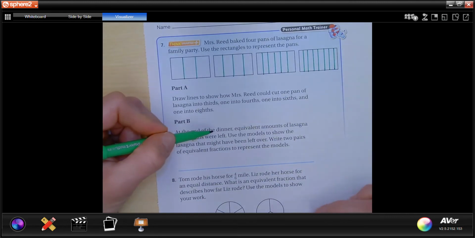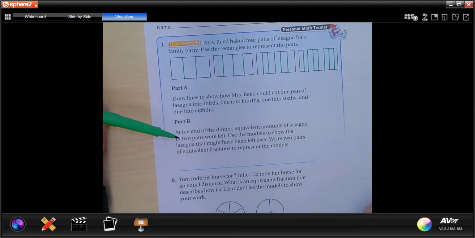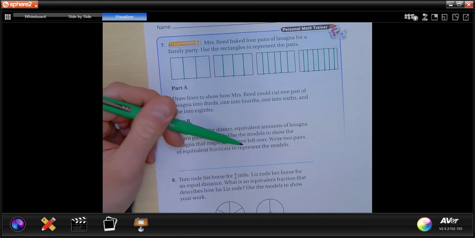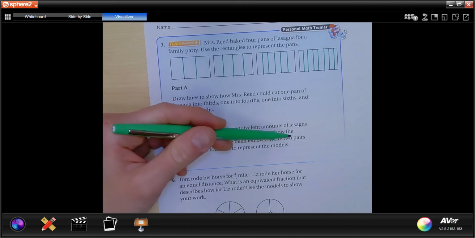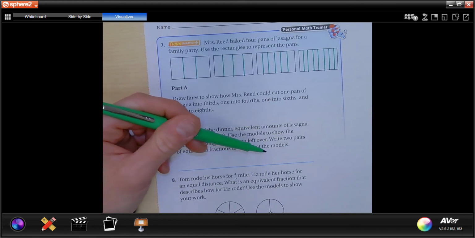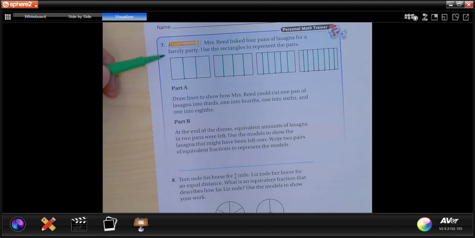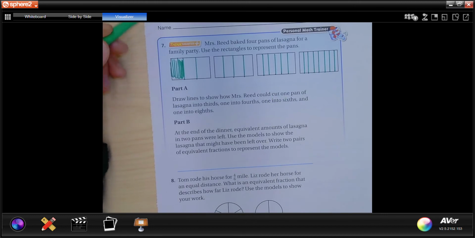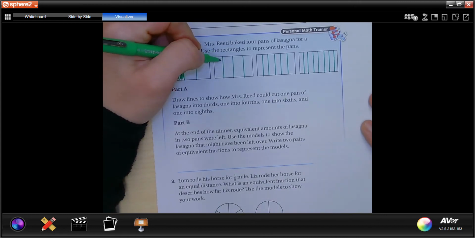At the end of the dinner, equivalent amounts of lasagna in 2 pans were left. Use a model to show lasagna that might have been left over. Write 2 pairs of equivalent fractions to represent the models. Okay, so she eats 1/3 of this. Can we have thirds in the fourths?